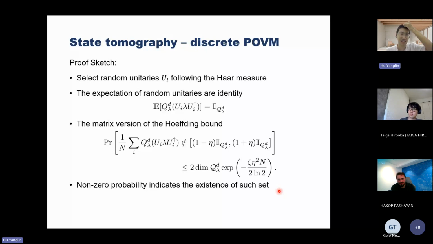So we have not checked carefully, but for Robert's case, it breaks down when T is the square root of n. So for our case, it's T smaller than the logarithm of d.